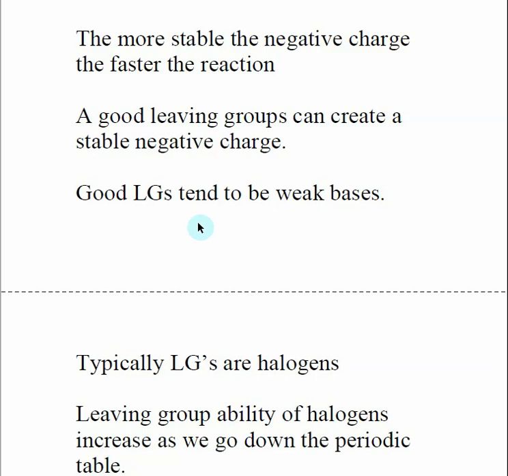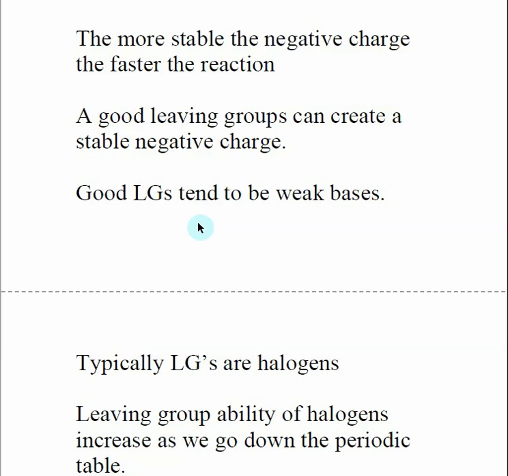We spent quite a bit of time talking about what's the most acidic hydrogen in a molecule. And what that came down to was how stable the negative charge is in the conjugate base. So it's kind of the same thing. We want to stabilize the negative charge. And so some of the ideas that we had with determining the most acidic hydrogen are going to apply to nucleophiles, or excuse me, to leaving groups.